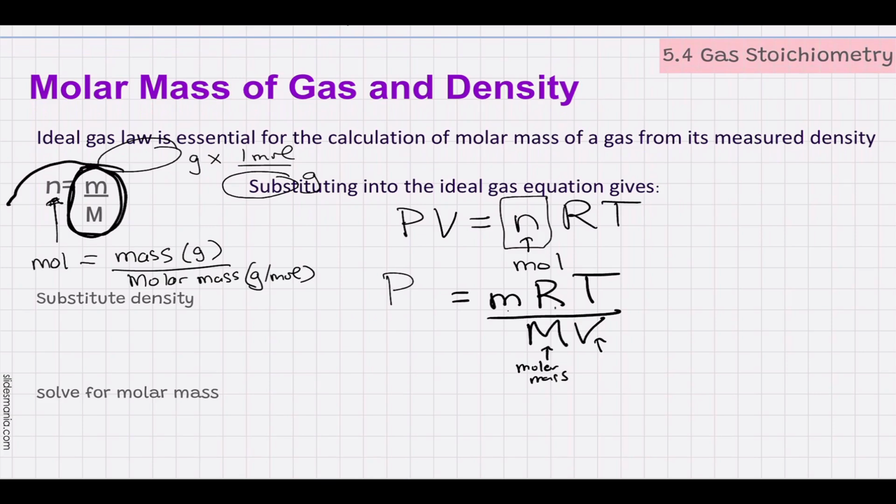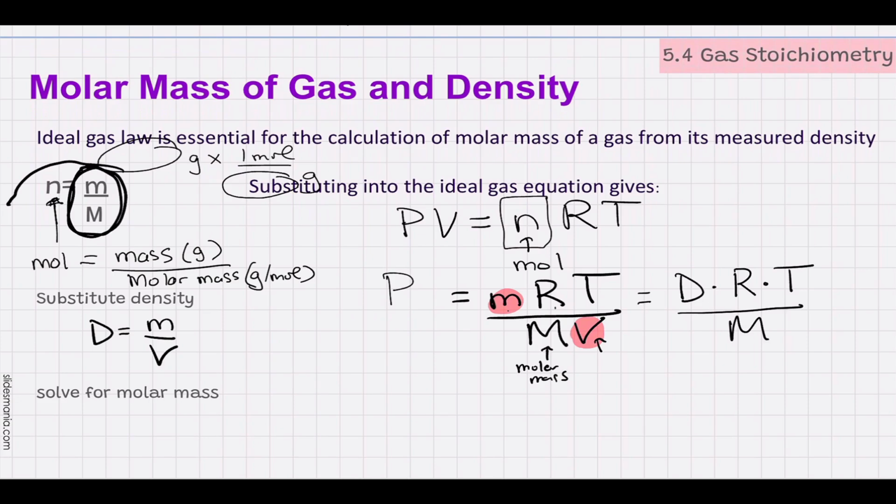So density, and this is on your formula sheet, density equals mass over volume. So I see mass and volume here, and instead of the mass and the volume, I can put density. So density times the ideal gas law constant times temperature over molar mass is also equal to P.